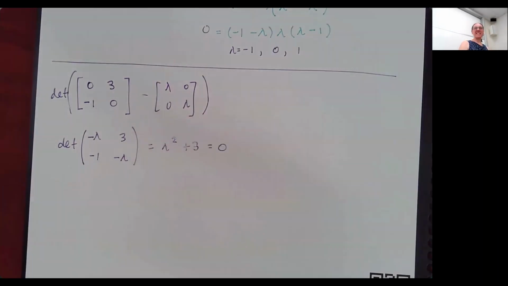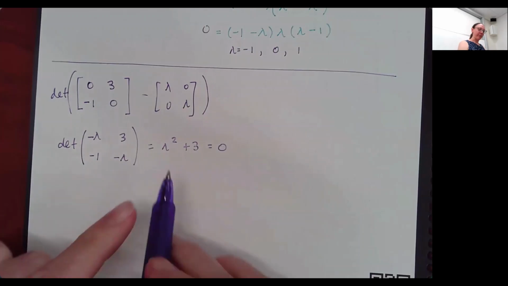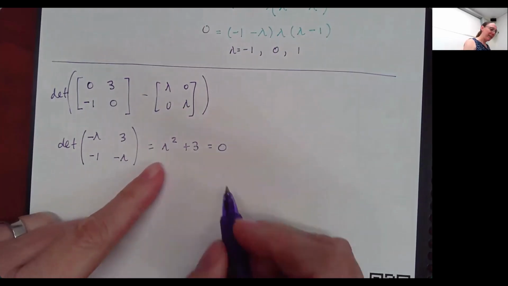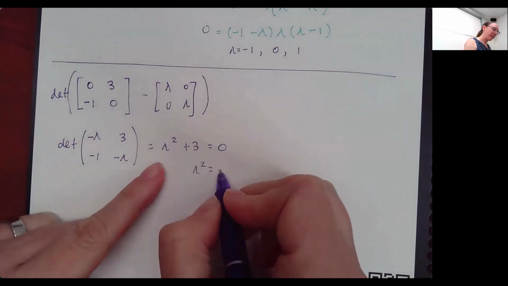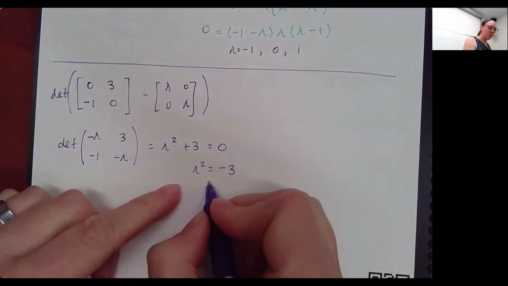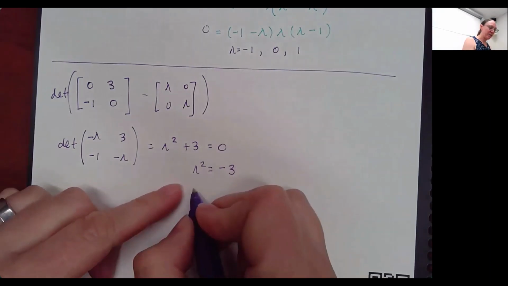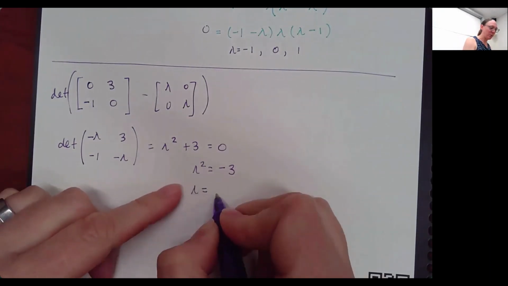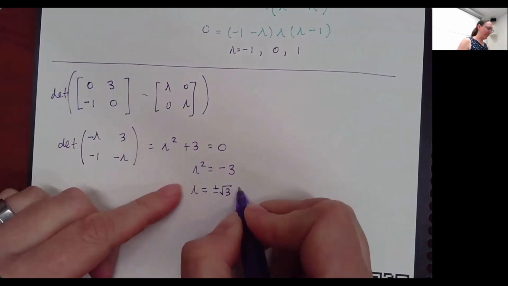So I gave us something super nice in terms of the complex realm. When I go to solve for lambda, I'm going to end up with lambda squared is equal to -3, which up until this point in this entire course, we would have said has no solutions. But now we actually have to write the solutions. Once I take the square root of both sides, lambda is equal to plus or minus the square root of 3 times i.